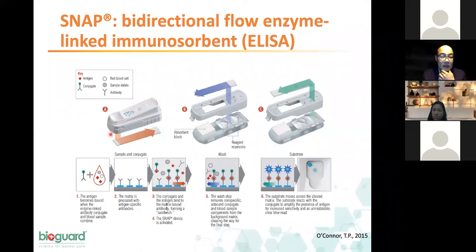So if you look at the figure here, firstly, you mix the blood sample with the solution provided by the test, which contains the antibody against, let's say, FeLV p27 antigen or antibodies against FIV. But that antibody is conjugated with enzyme, and not nanoparticle.